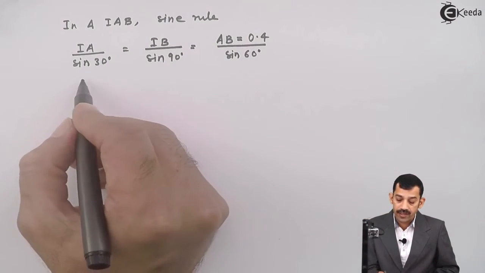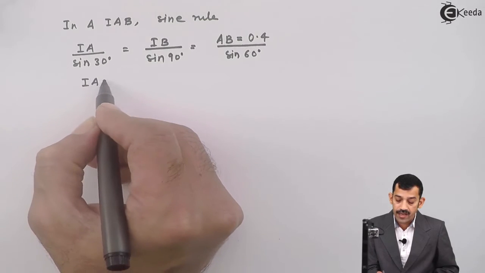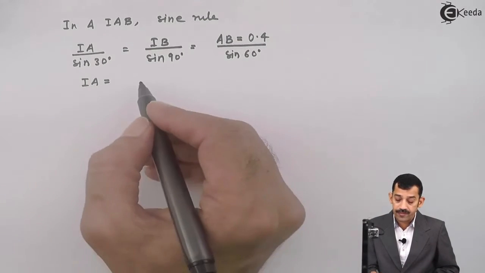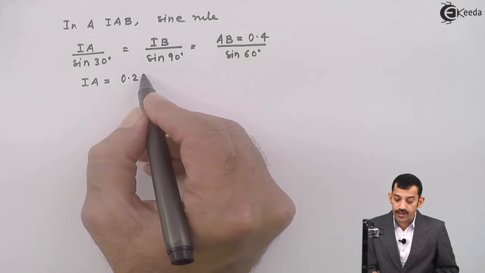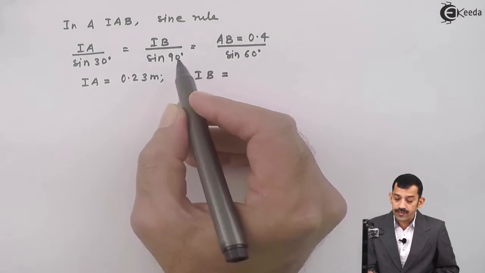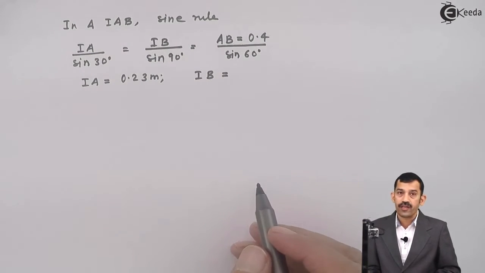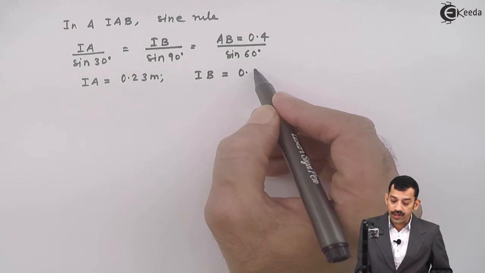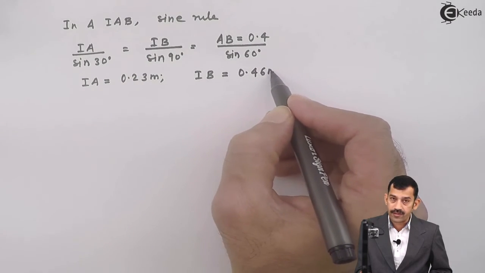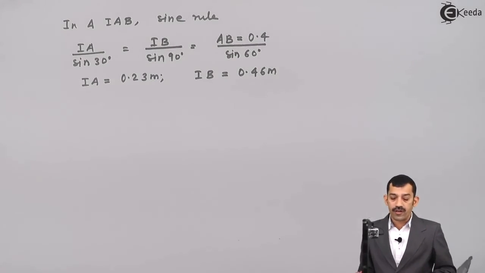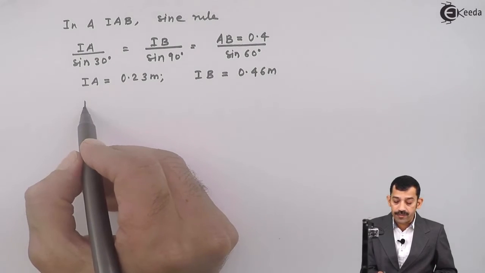Now if you calculate, IA equals sine 30 into 0.4 divided by sine 60. That means IA comes out to be 0.23 meters, and IB equals sine 90 into 0.4 divided by sine 60. That means IB comes out to be 0.46 meters. As we have IA and IB, we now apply the equation V equal to R omega for bar AB.